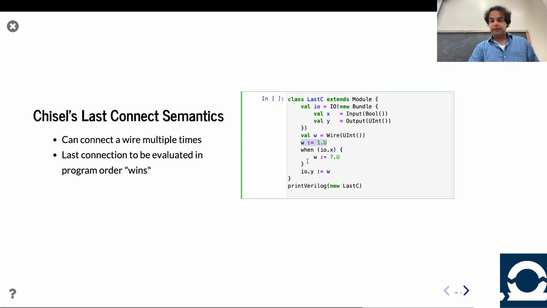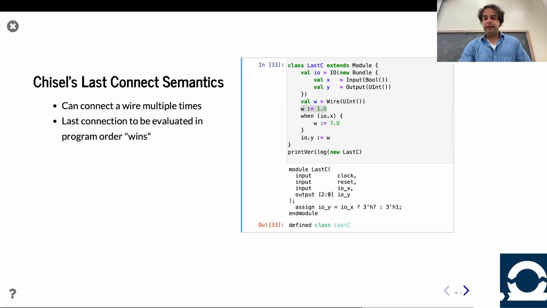So in this tiny little example, right, W is set to have the value 1 always. And then I use a when statement to sometimes, based on io.x, set it to 7. So of course, the tools are going to be smart to kind of go ahead and use a mux for that. And once again, connect it up, right?